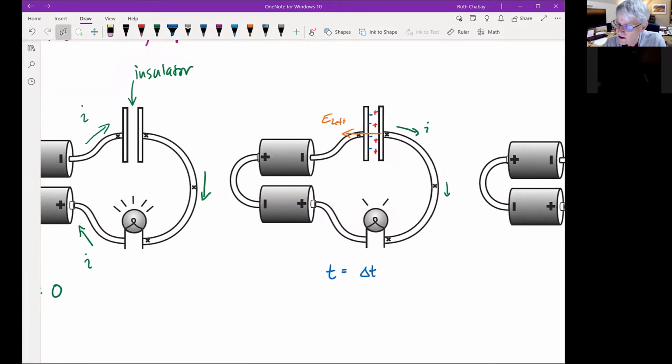But it's also the case that having electrons on this capacitor plate makes it harder for electrons to flow onto it, okay? So this capacitor actually looks like a dipole, right?